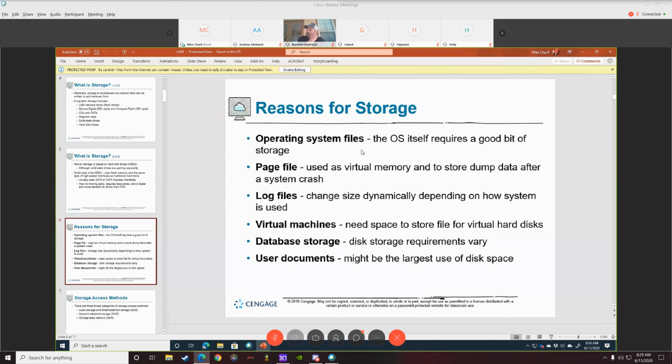So you need some kind of space, and this is pre-planned, especially in the enterprise environment. So let's say I have a lab or I have a building or a company.